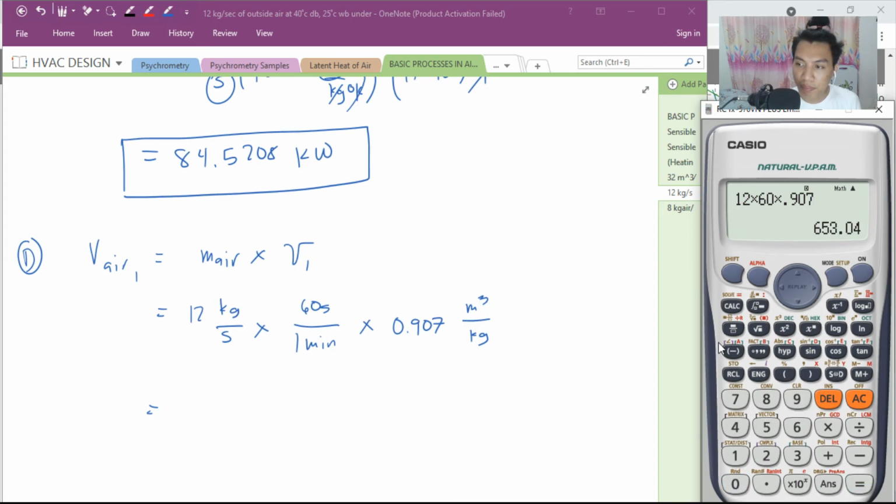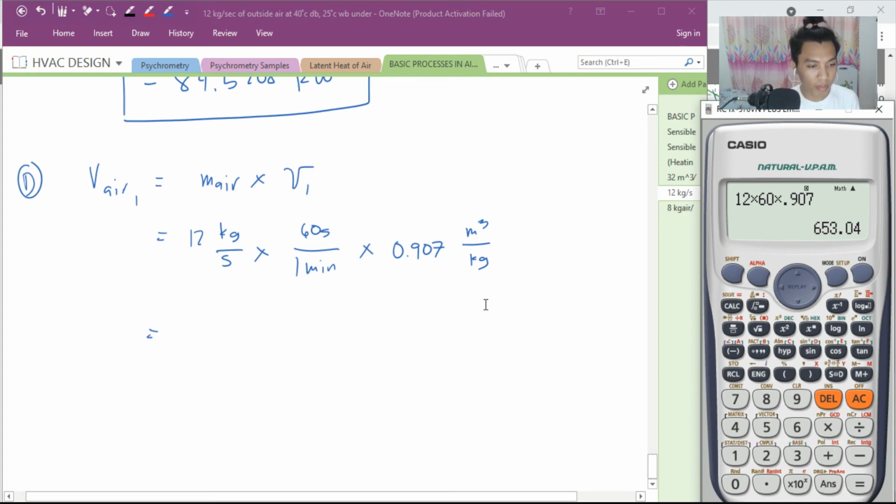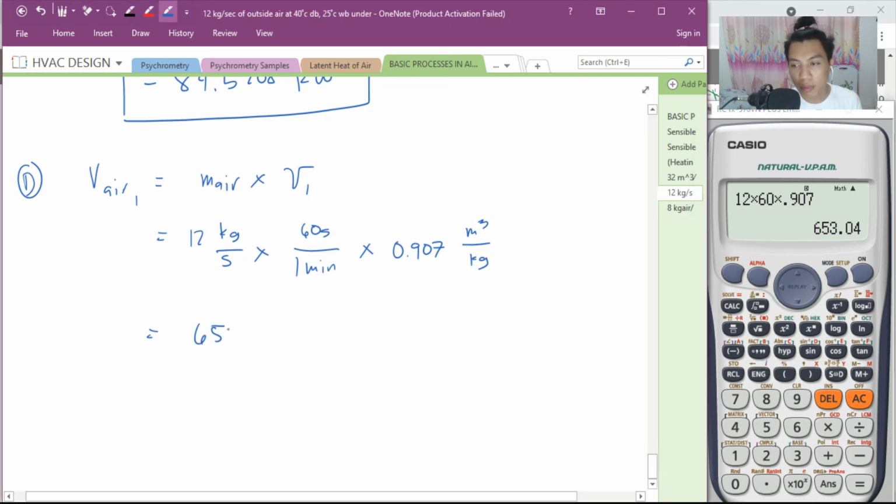The answer is 653.04 meter cube in every minute.